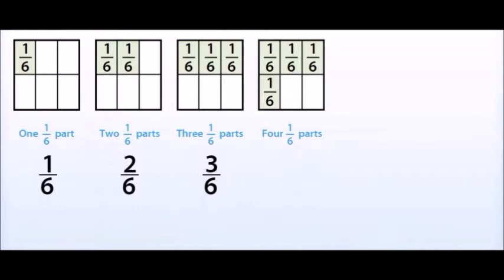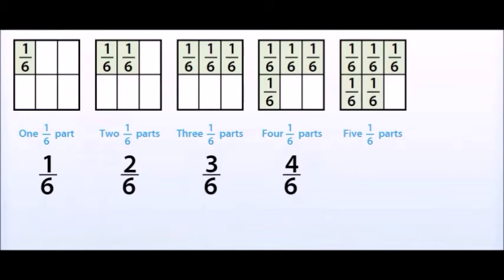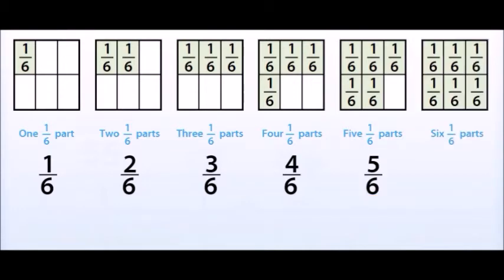Now try to guess what is the fraction for 4 1/6 parts. It's 4/6. What is the fraction for 5 1/6 parts? It's 5/6. Now show the fraction for 6 1/6 parts. The fraction for 6 1/6 parts is 6/6.